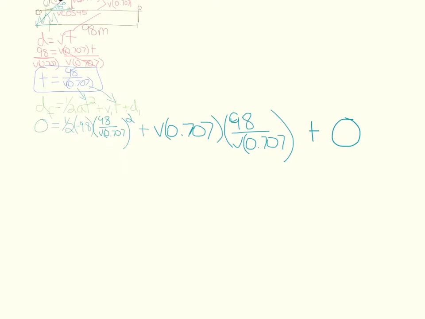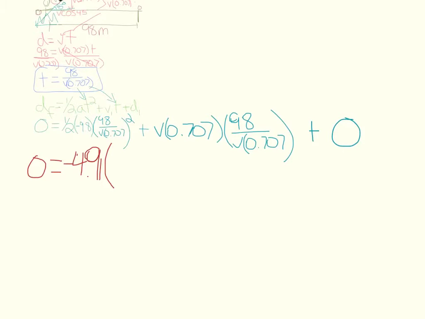Now, we see that we can go 0 equals negative 4.9, because negative 9.8 times 1/2 is negative 4.9. And then we can find what 98 divided by 0.707 is. So then we just have a value over v, because v is what we're solving for.